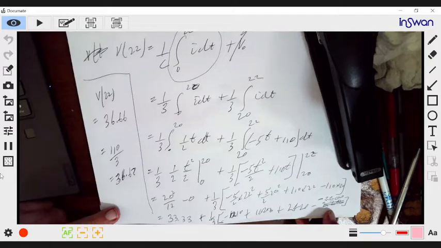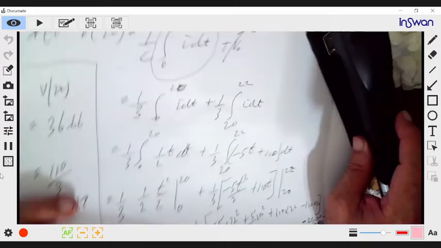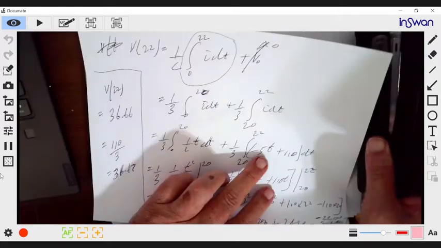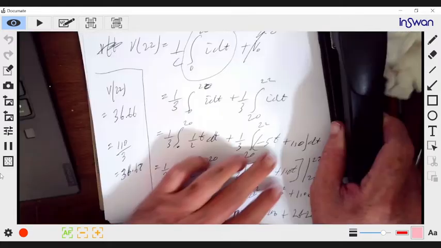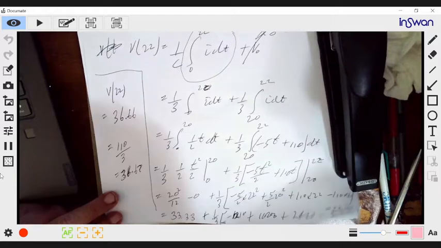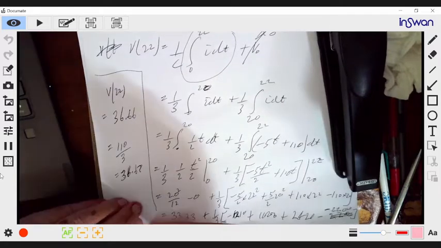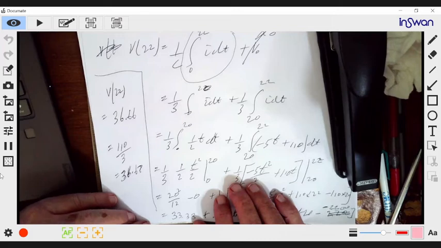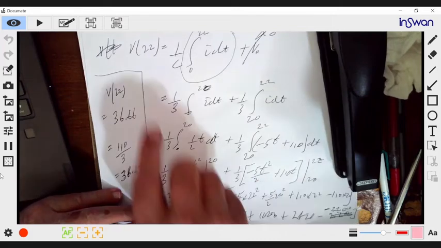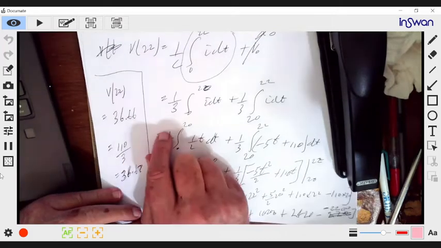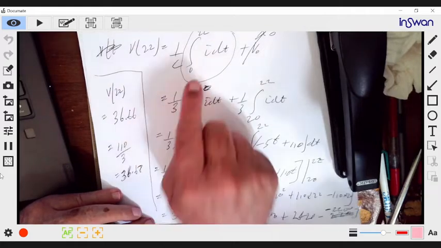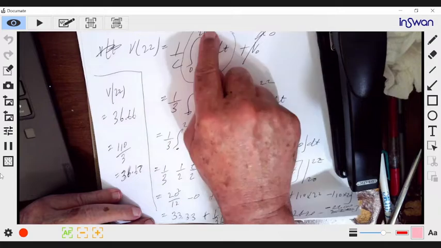All right. Now, I hope you followed that. Let me go through it one more time. We wanted to know the voltage at t equals 22 seconds. Okay. Voltage at 22 seconds. And what is that equal to? The area from 0 to 22.